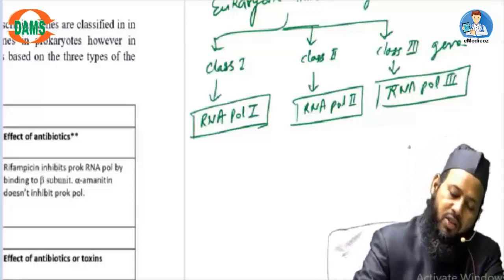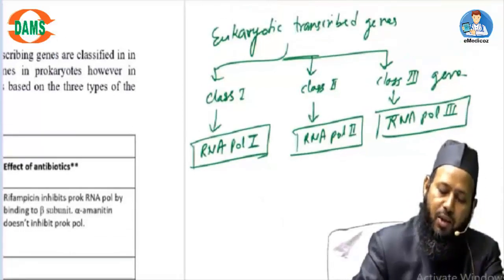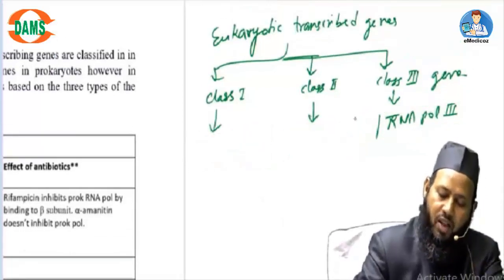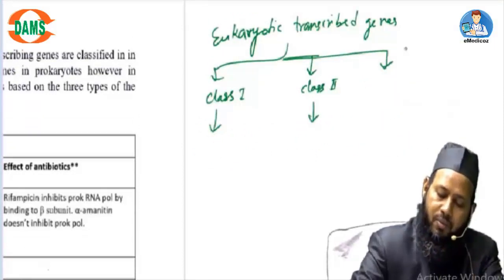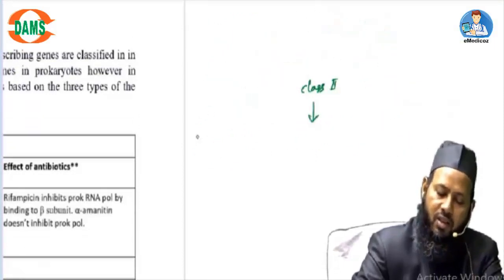So essentially the classification of genes in eukaryotes is because of the RNA polymerase they are transcribed with.